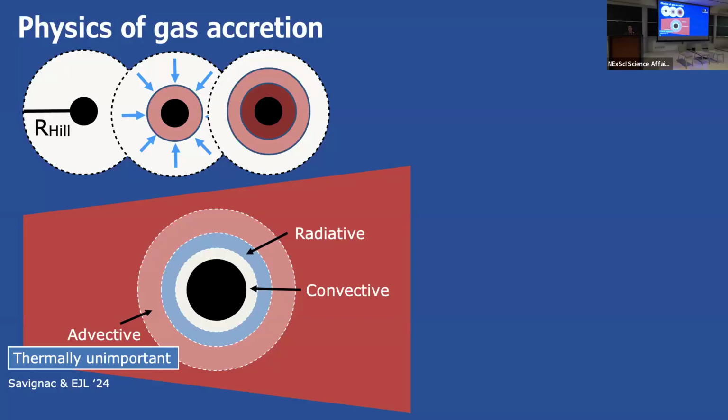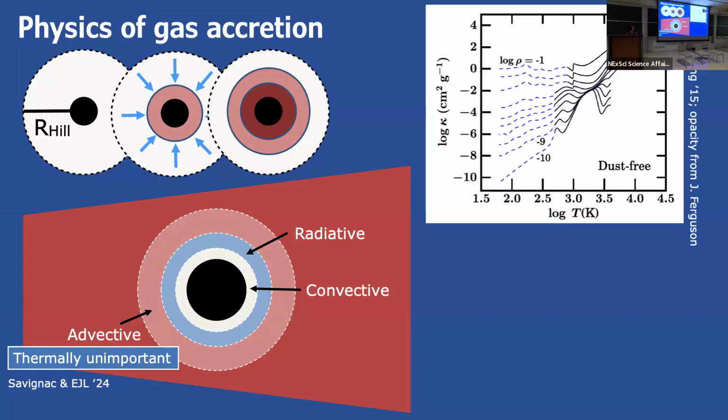So H- ions become the dominant source of opacity. Sorry, it's a bit covered, but if you just read off from 2,500 Kelvin, this really steep rise is the H- opacity. It's really sensitive to the temperature because it has to do with the production of H- ions.